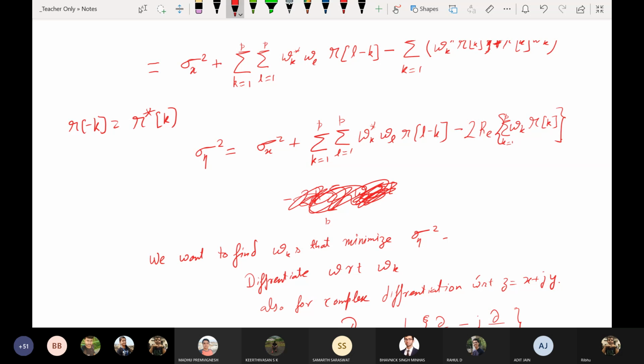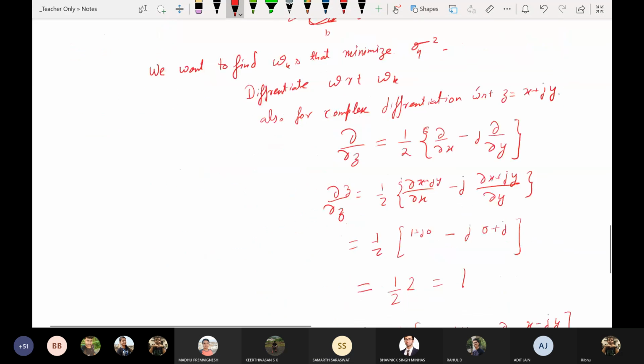Am I audible? Yes, sir. If I differentiate with respect to the number itself, the conjugate will disappear, or if I differentiate with respect to the conjugate, the number itself will disappear. The variable itself will disappear, not the random variable. Yes, sir. Great.